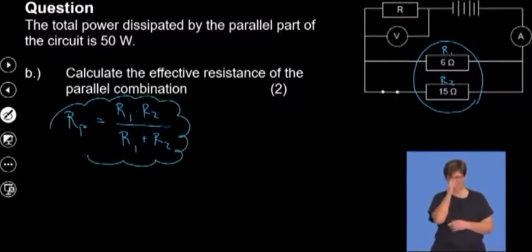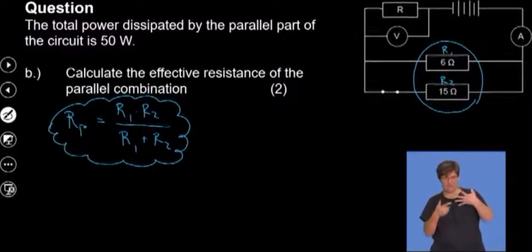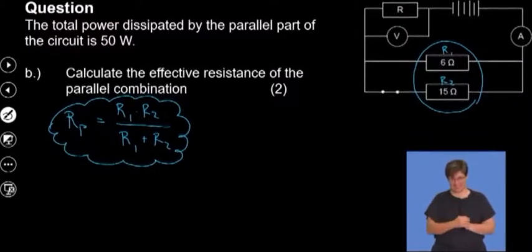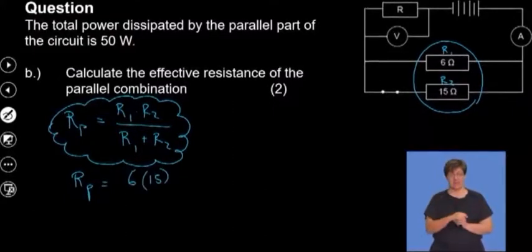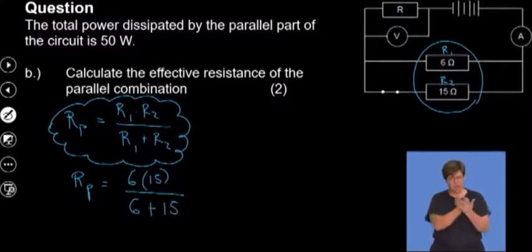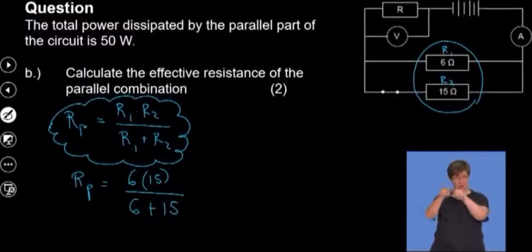But if it's a combination of more than two resistors connected in parallel, this formula may not be used. So we've got R parallel equal to 6 multiplied by 15 ohms, divided by the sum of those two, 6 plus 15. Now, there's something that you need to realize with the parallel combination of resistors. The more resistors we connect in parallel, the lesser the equivalent or the effective resistance of that combination.